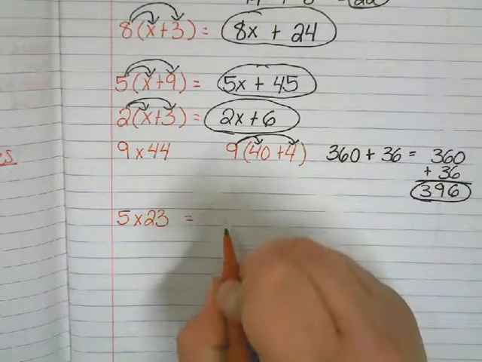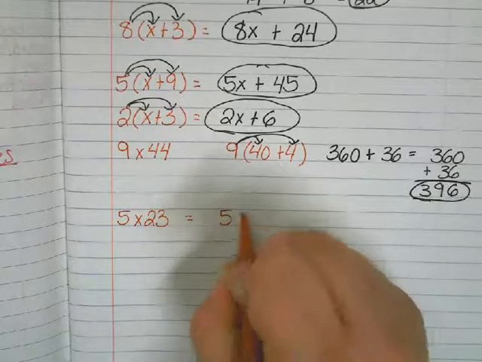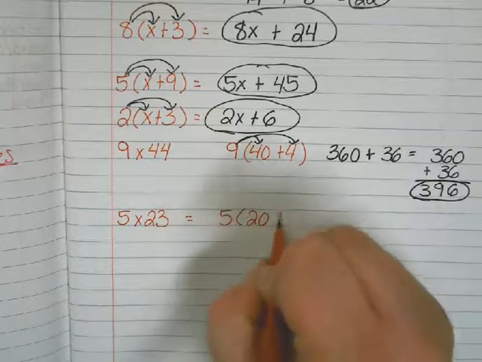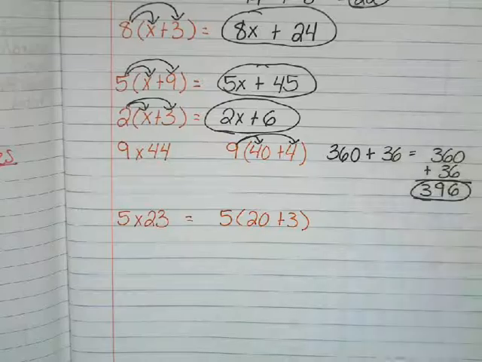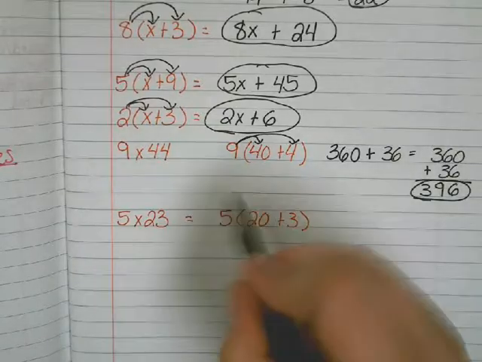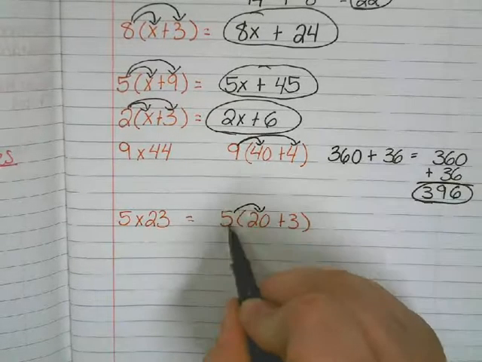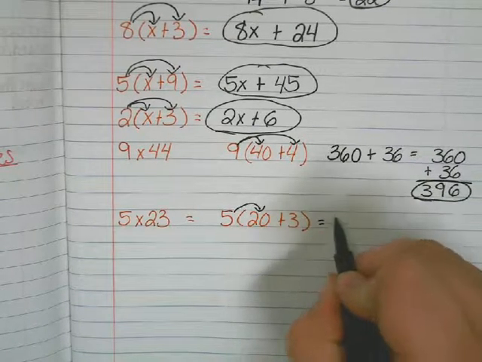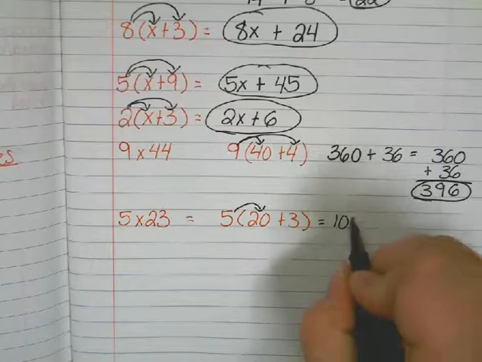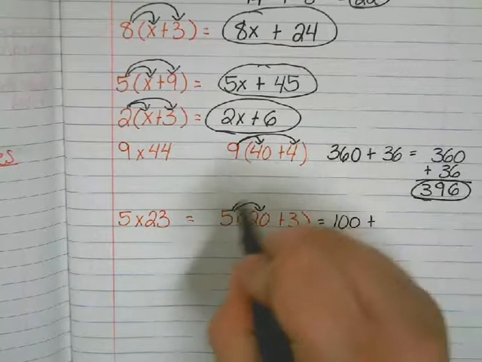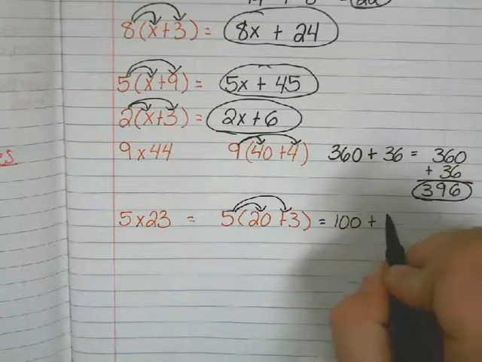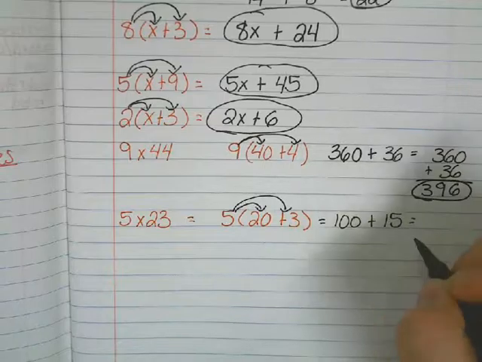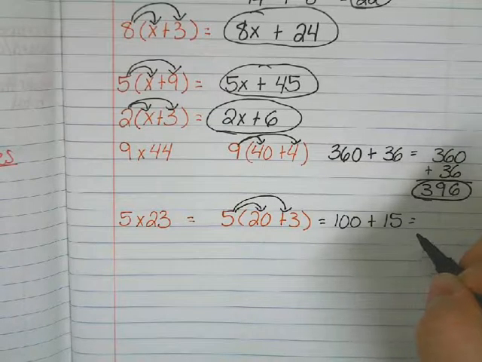So I have 5, and then 20 plus 3 in parentheses. So now I got to take 5 times 20. So again, I'm just taking 5 times 2, which is 10, adding a 0, plus 5 times 3, 15. What is 100 plus 15? 115. 115.